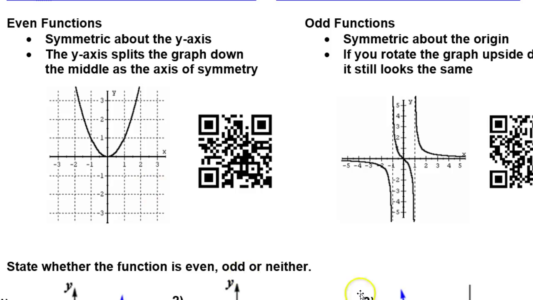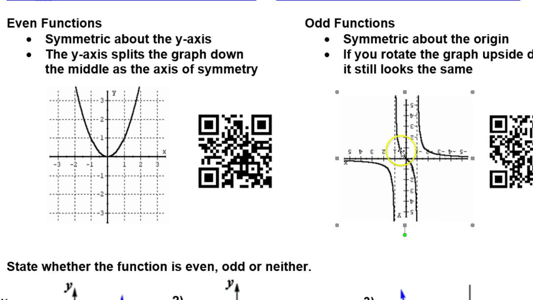On the other hand, an odd function is symmetric about the origin. That means if you took the graph and rotated it upside down, right? So now it's upside down, but bam! Notice how it still looks exactly the same, except for the numbers, the digits themselves are upside down.